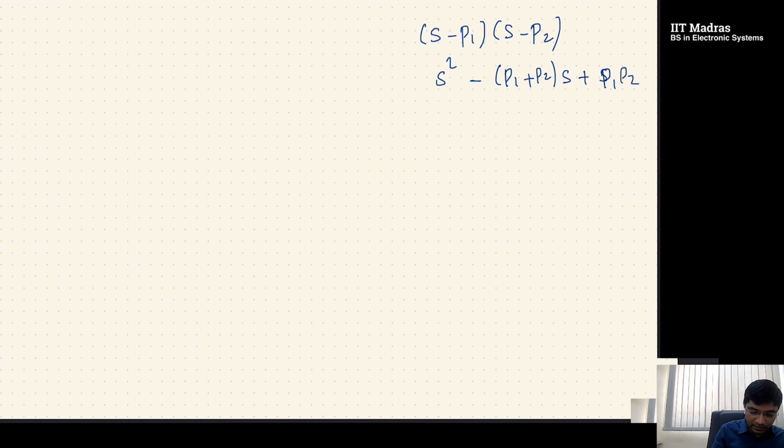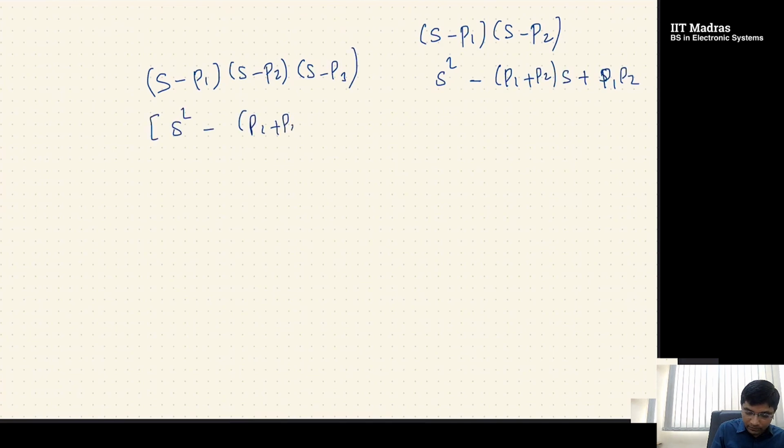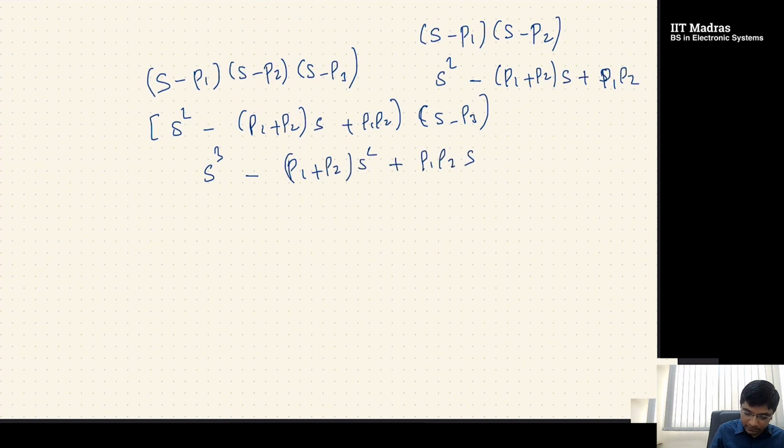Now to this, I add, I'm looking at now (s minus p1)(s minus p2)(s minus p3). So this is s square minus (p1 plus p2) s plus p1 p2, and I have an (s minus p3). So s cube minus (p1 plus p2) s square plus p1 p2 times s.